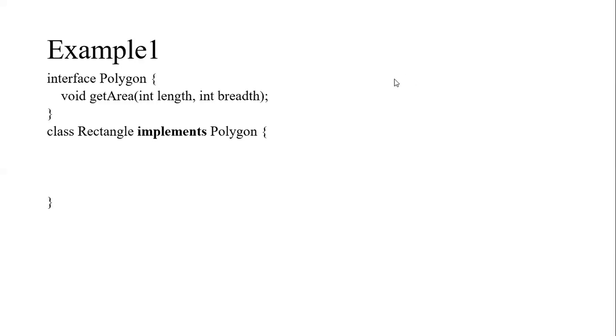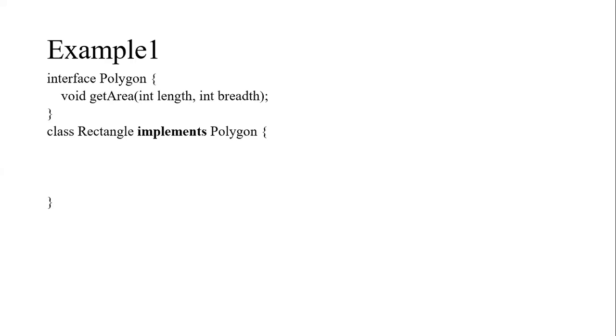My question is, class Rectangle implements Polygon, in the sense that it is implementing this interface. When it is implementing this interface, obviously it has to give a definition for this. If you want to give a definition for getArea, what has to be written here? void getArea with arguments. That is my question. Do we need to write just void getArea, or do we need to clearly specify that it is a public void getArea?